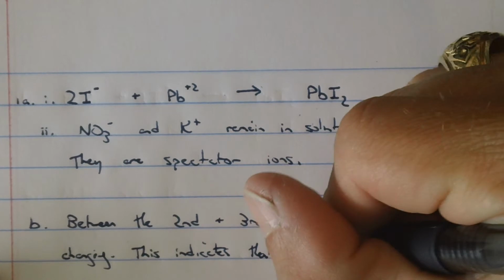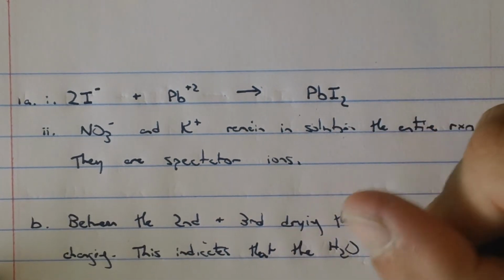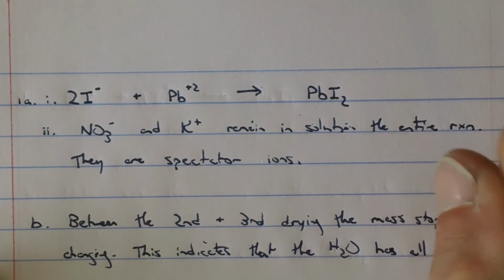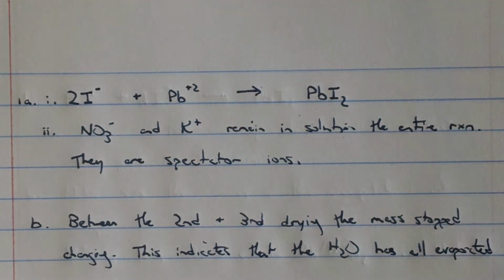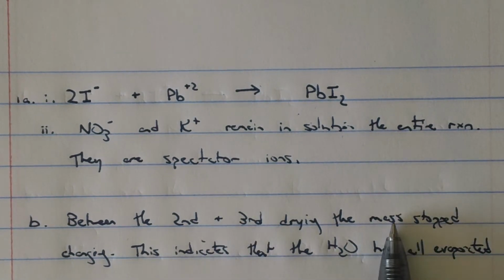This indicates that the water has all evaporated. So the question is, explain the purpose of drying it. We needed the mass to stop changing.